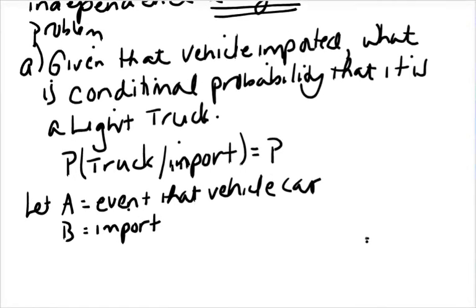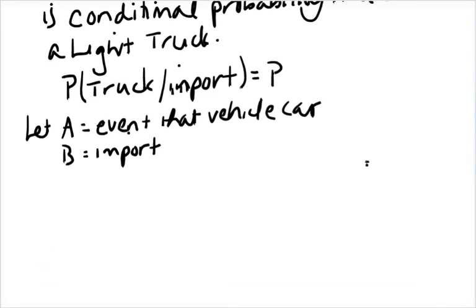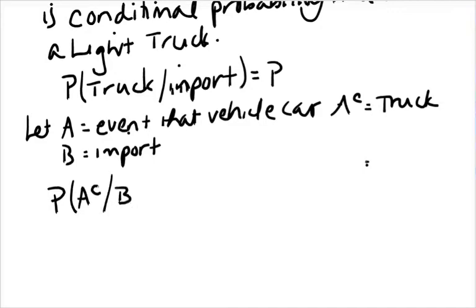So this is actually what they're asking. If it's a truck, that's A complement. So what's the probability of A complement given B? That's really what we're after here.